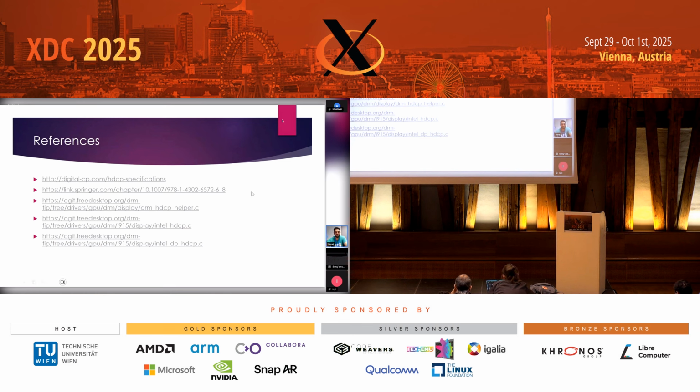If you are interested in code, you can have a look at these last three links, where the DRM HDCP helper will give you all the HDCP 1.x helpers that are required. Intel HDCP.c and Intel DP HDCP.c will give you an implementation of how the HDCP flow happens for us and what connector-specific functions we require to implement HDCP end to end.